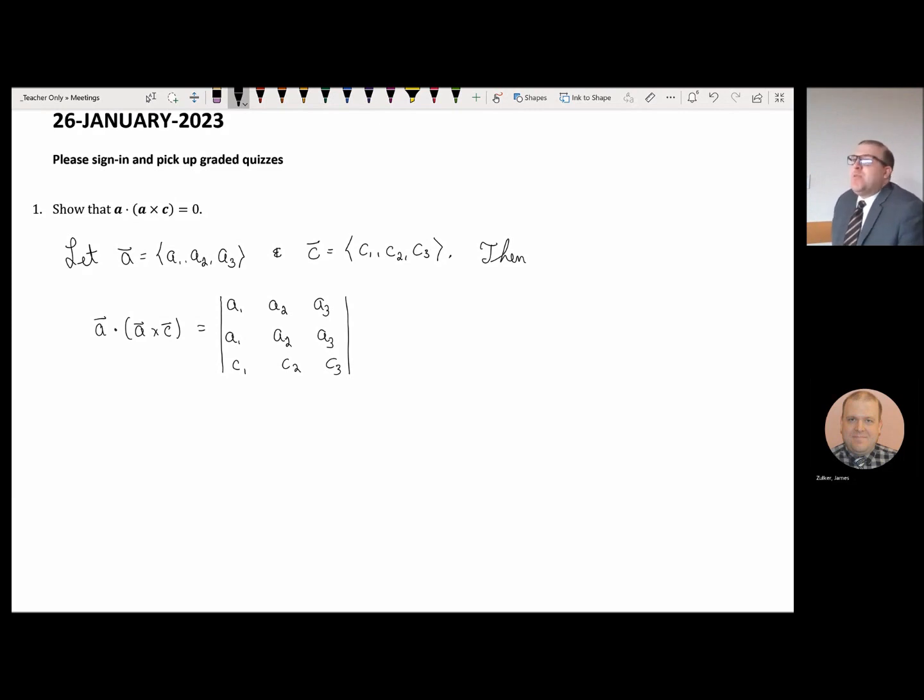If you've taken linear algebra already, you're done. There's a property in linear algebra that says if you take the determinant of a matrix that has two equal rows, it's 0. We're going to assume that we haven't had linear algebra, so we're going to go ahead and take this determinant.